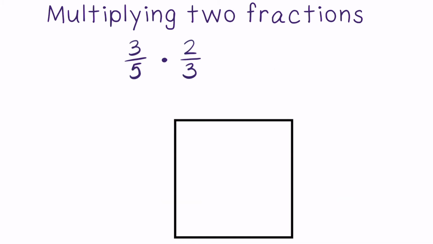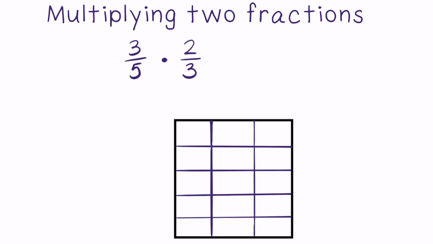Next, let's try solving another problem. In this case, 3/5 times 2/3. I've kept the same whole below, the square representing a whole. So let's begin by breaking the whole into thirds vertically and into fifths horizontally.